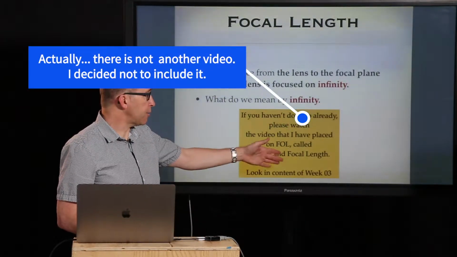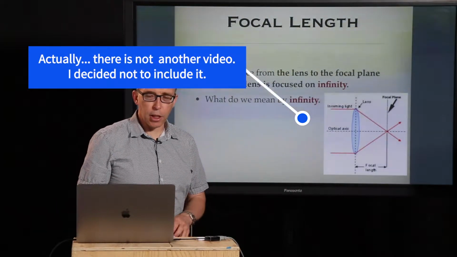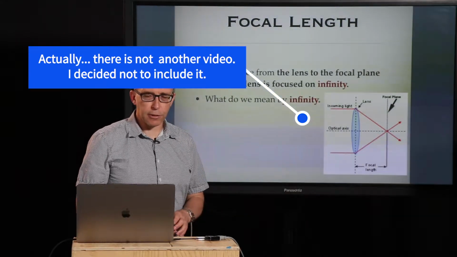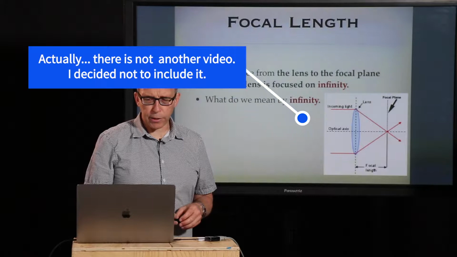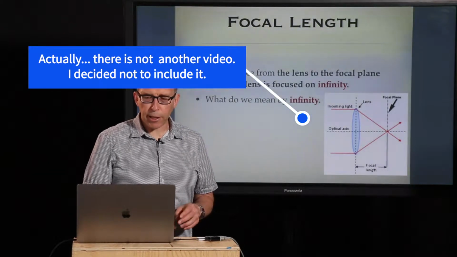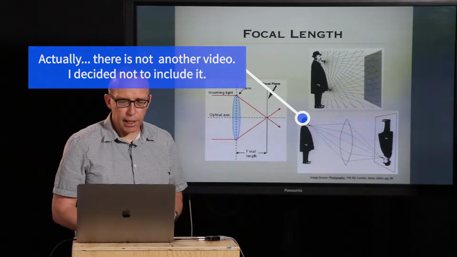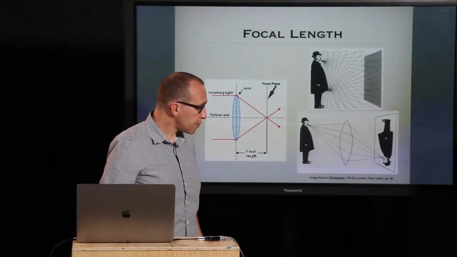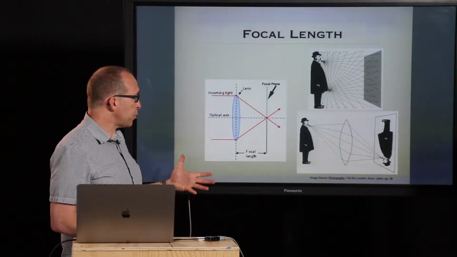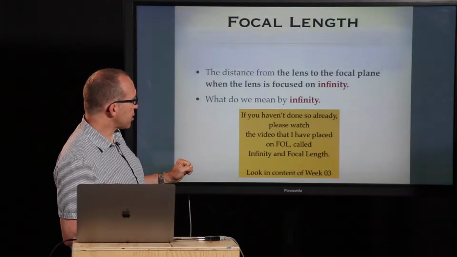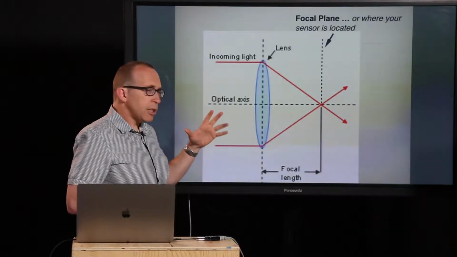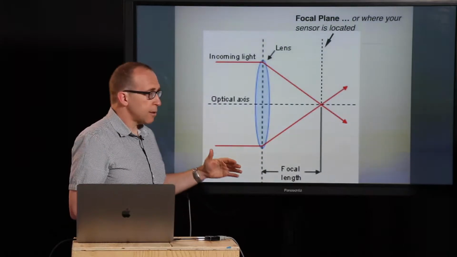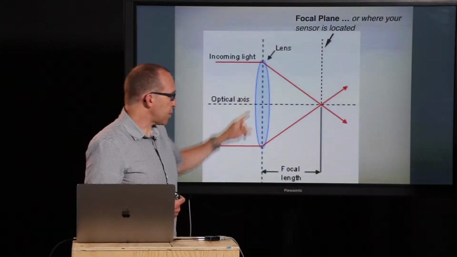And I do have another video that you can watch but I'm going to try to explain it here. But the other video might help if you need to wrap your head around it a little bit better. So what do we mean by infinity? We're going to take another look at this diagram here. There's just a couple things we should talk about. One concept I want to get across to you is what these red lines represent.